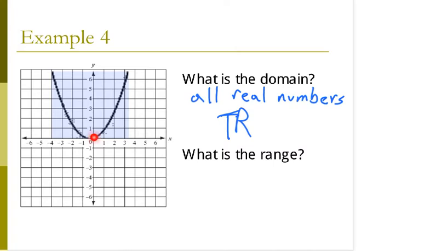At 1, I have at least one value on the graph. At 2, same thing. So from 0 up, we're going to have values that are related to our relation. So the way that we would express that is that the range would be y greater than 0.